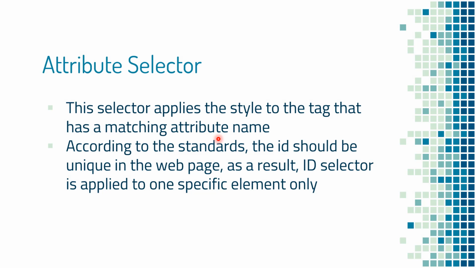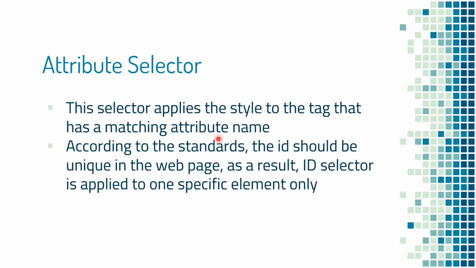Okay, so the attribute selector. This selector is not really used in real life, or at least I have never encountered someone really using the attribute selector. Most of the time you will find people using the class selector.